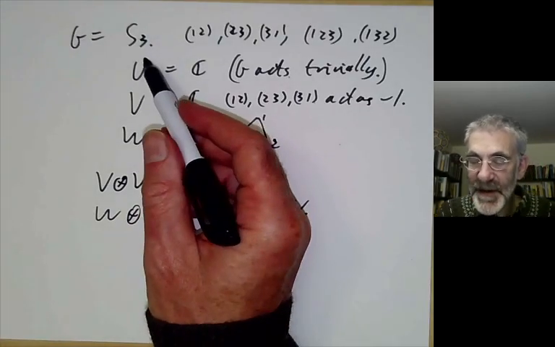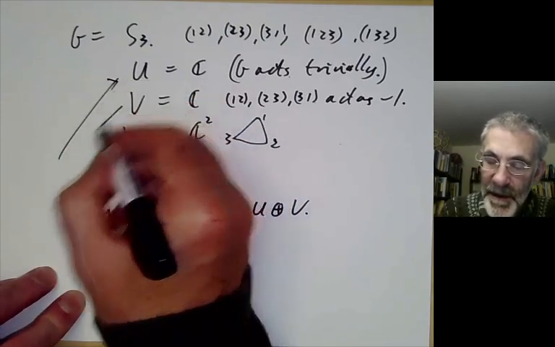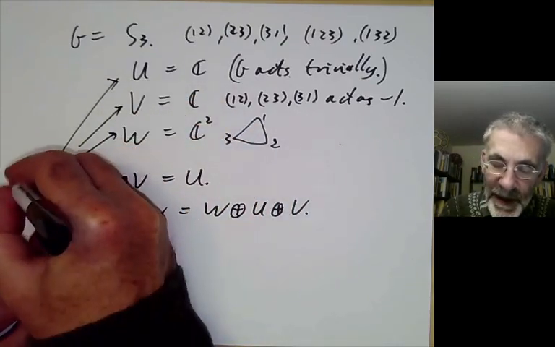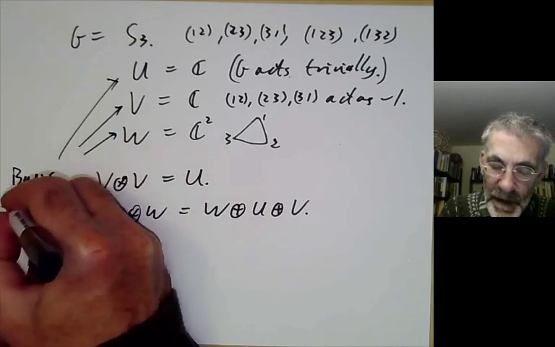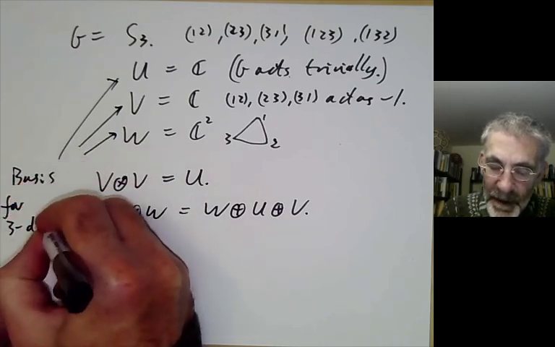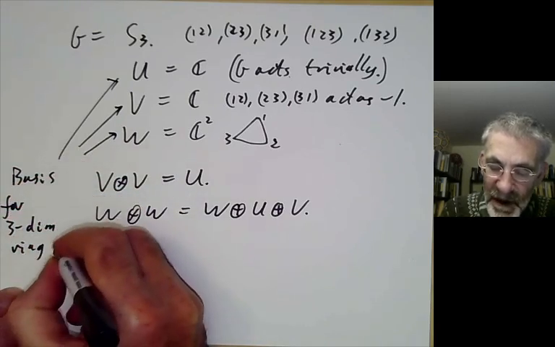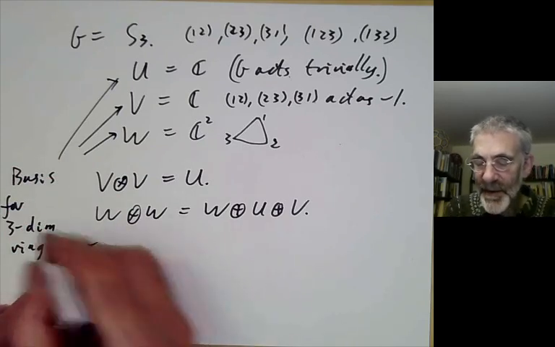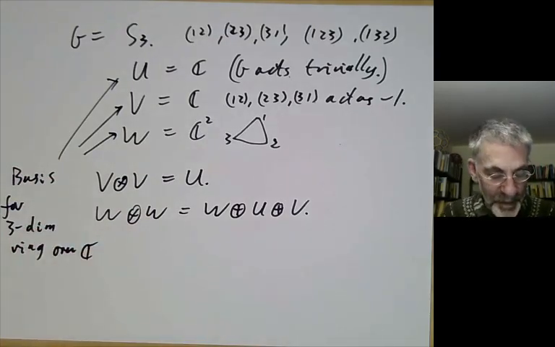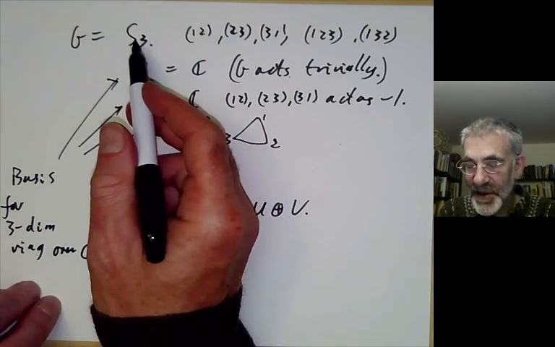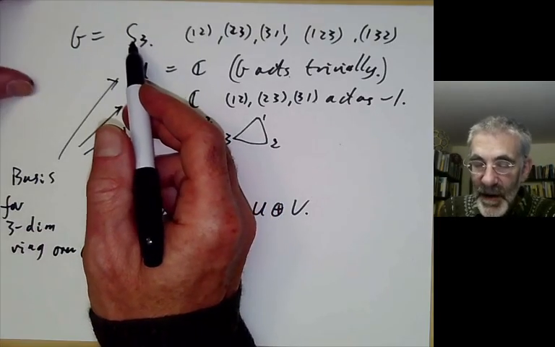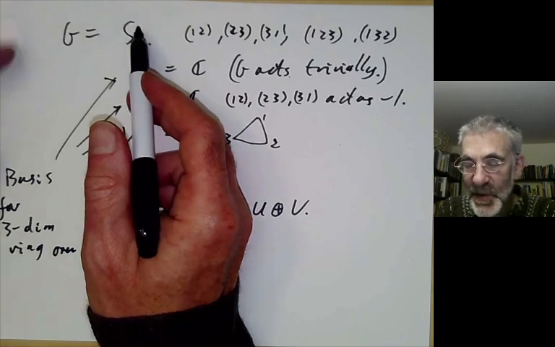So in fact you find that U, V and W are a basis for a three-dimensional ring over C. I mean, it's three-dimensional as a vector space over C. So this is the representation ring of the symmetric group S3.